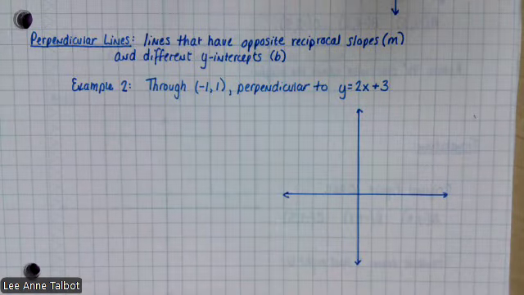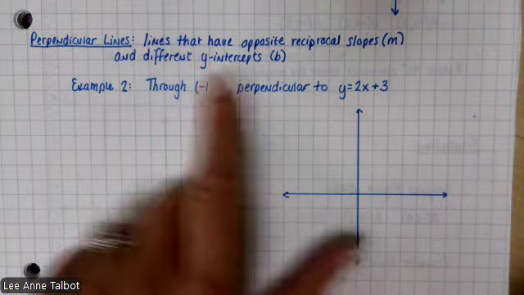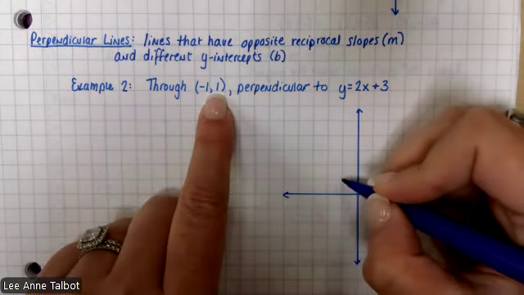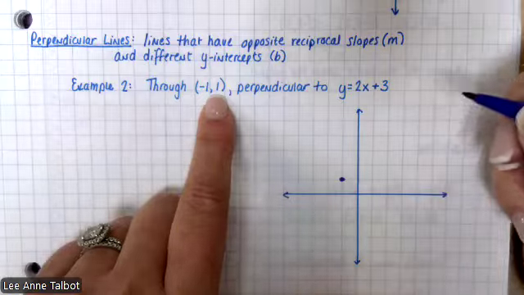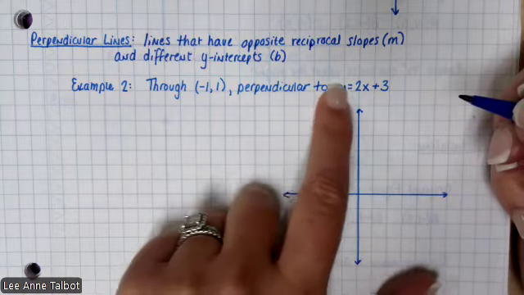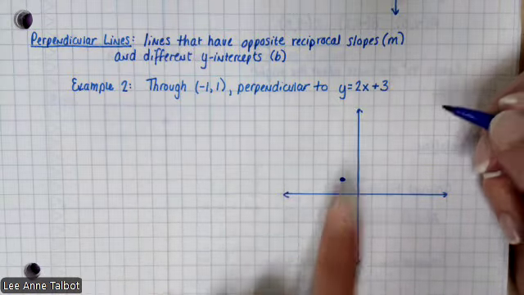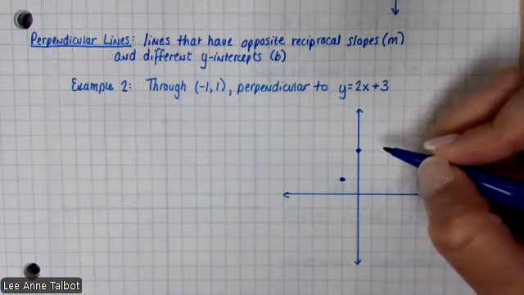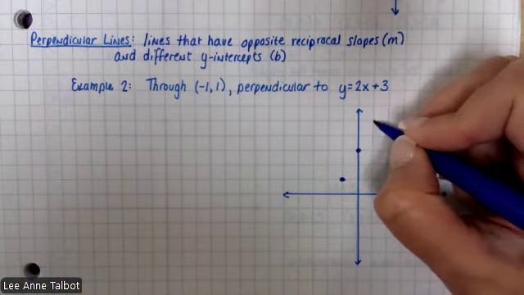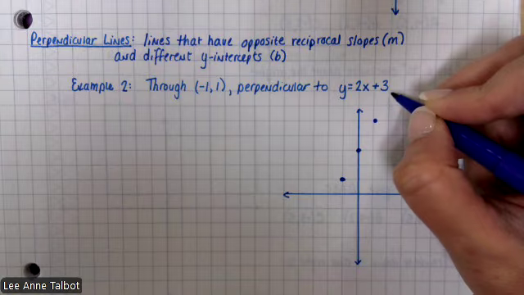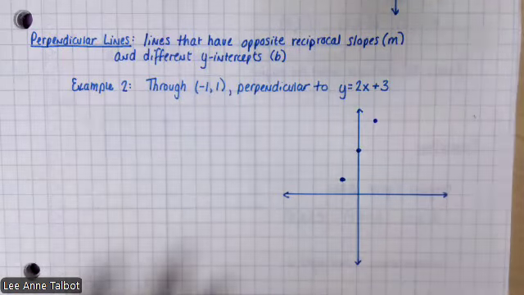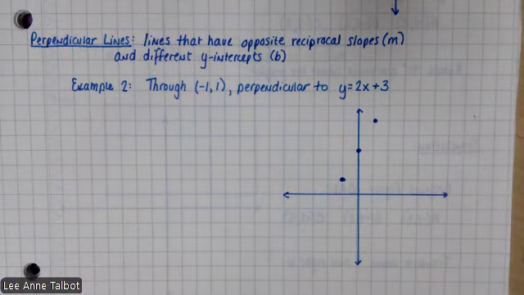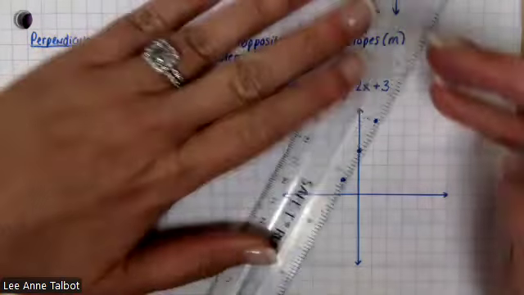Okay. So let's graph this point. So -1 is right here. And then this line is y equals 2x plus 3.